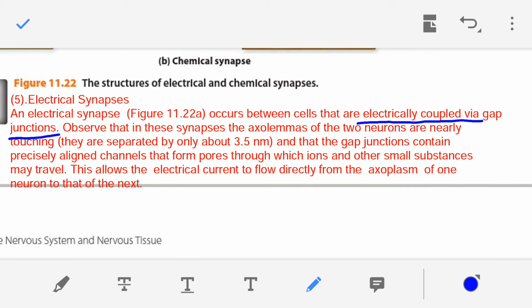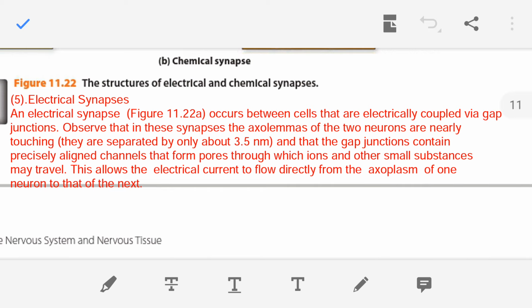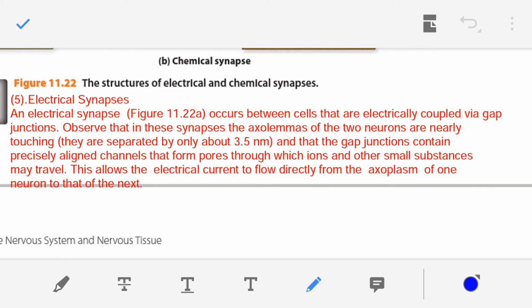Now in this type of synapse, the axolemma, that means the plasma membrane of the axons of two neurons, are nearly touching each other.